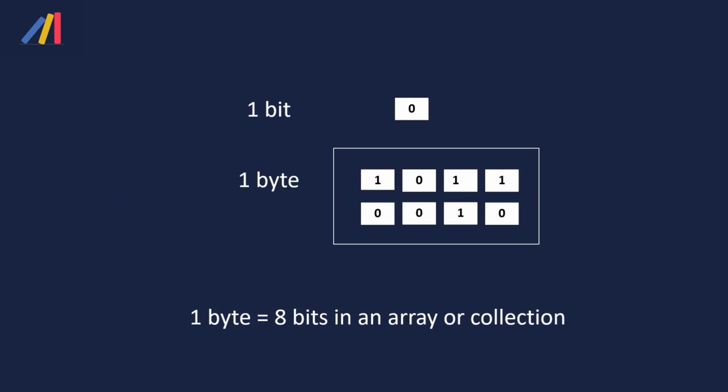So 1 bit can be either a 0 or a 1. It takes 1 bit of size in a file. 1 byte means a collection of 8 bits which are stored in a contiguous or array format one by one.